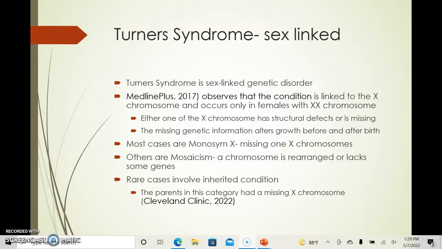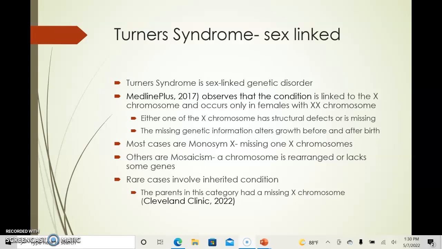Turner syndrome is a sex-linked genetic disorder occurring in females. It is linked to the X chromosome and appears only in females with XX chromosomes.